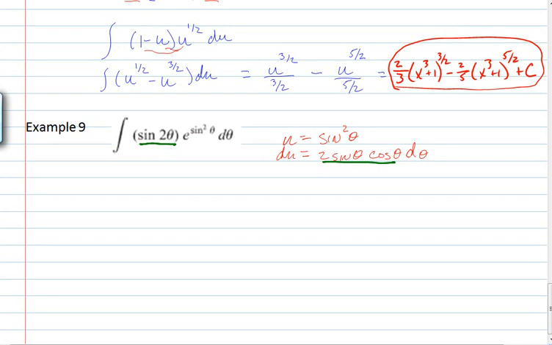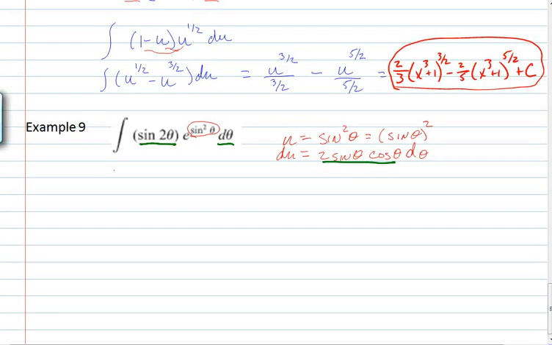So this is sine theta squared. And when you take the derivative, you use the chain rule. Bring the 2 down, leave the inside alone, then multiply by the derivative of what's on the inside. We have a trigonometric identity, the double angle formula for sine, that says sine 2 theta is equal to 2 sine theta cosine theta. So guess what? We have everything we need for d theta.